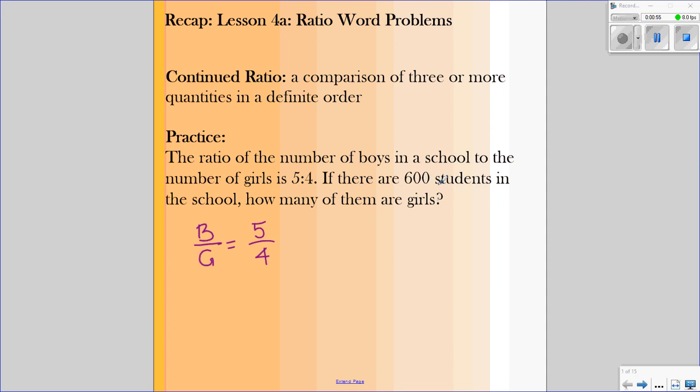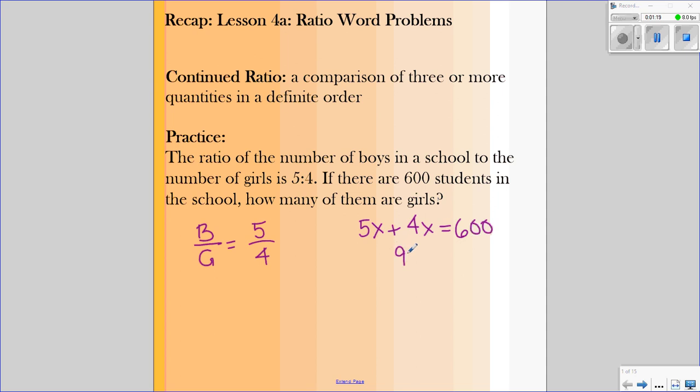Remember when I said that if they give you a total, then you will write out the ratio by adding up with the x's and then equaling it to the total that they give you. So that means the x that you're looking for is your common factor that you're going to multiply to the ratio to give you the actual numbers of girls and boys in this problem.